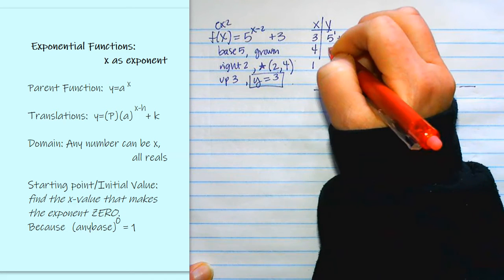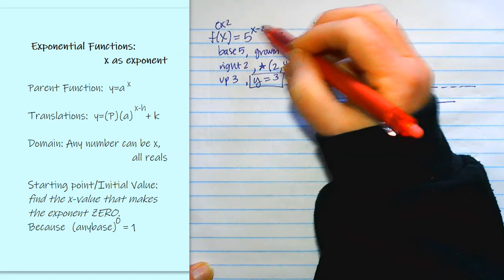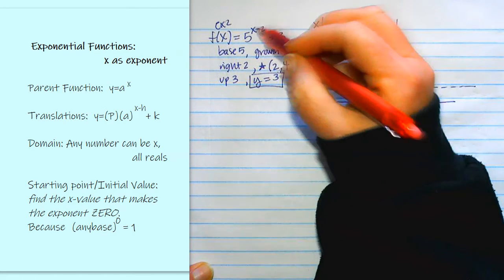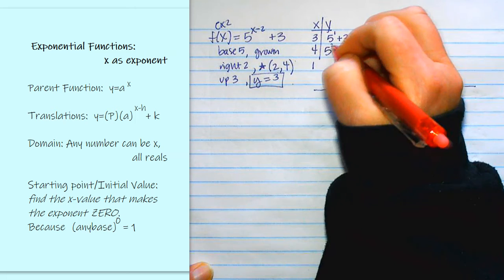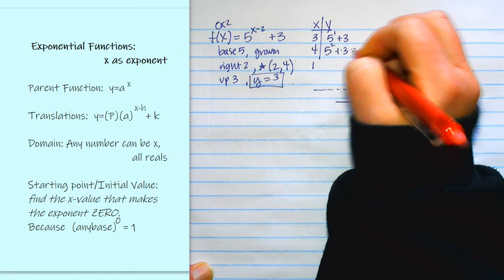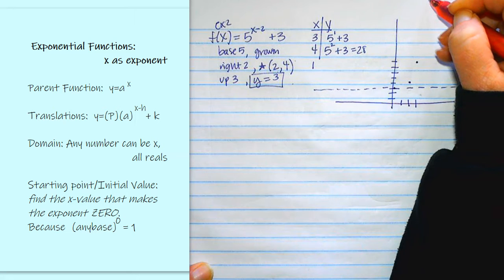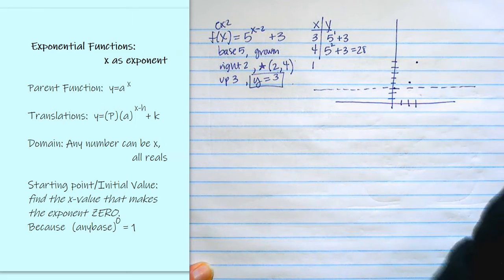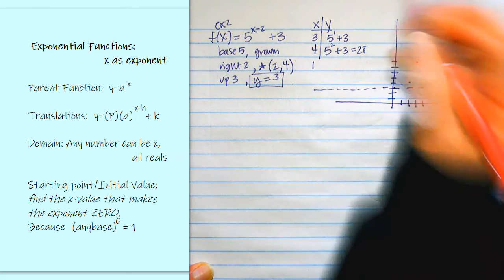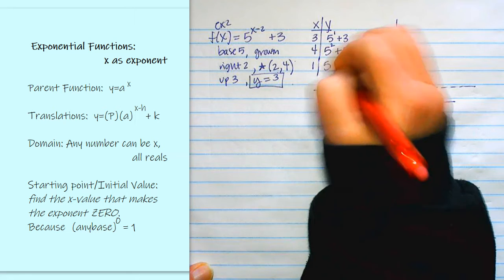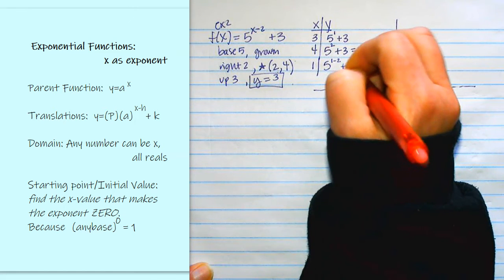And then at 4, I've got 5 to the 4 minus 2, because that's where I'm putting 4. 4 minus 2 is 2, plus 3, that's 28. So that's really high up here. It won't even really probably fit on my graph, but I'll estimate it to be there. And then at 1, I've got 5 to the 1 minus 2 plus 3.